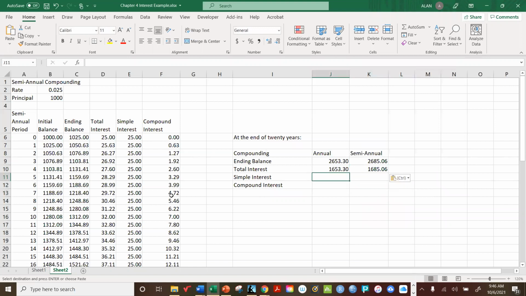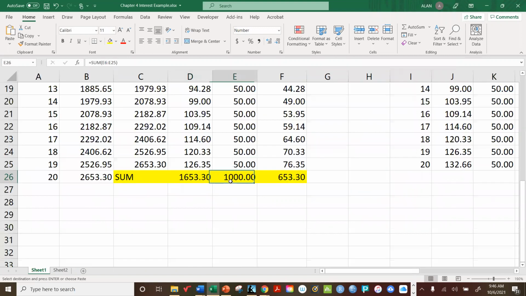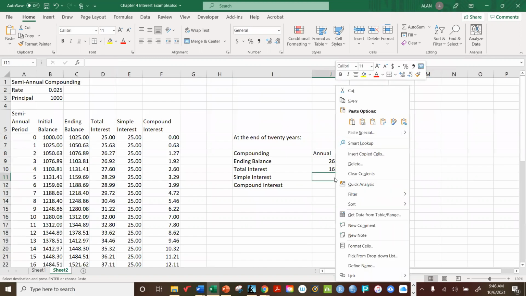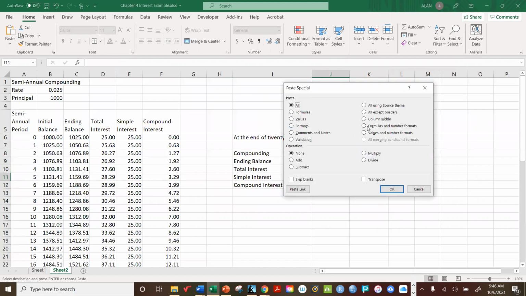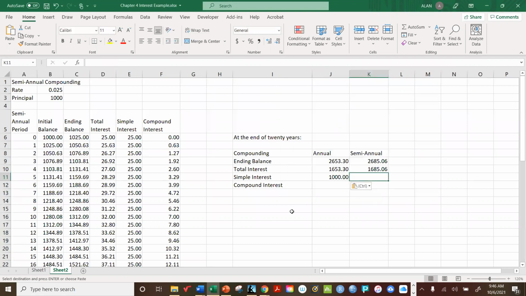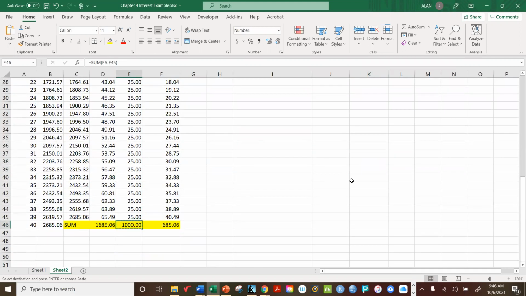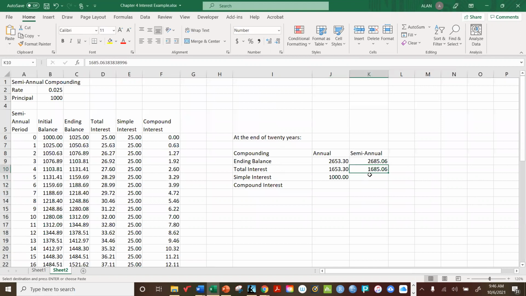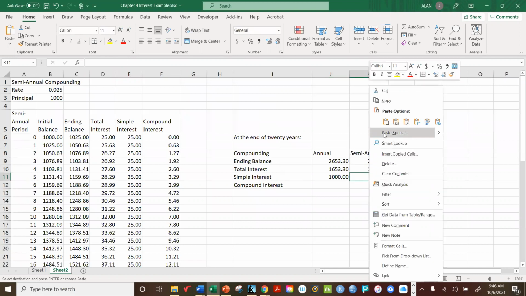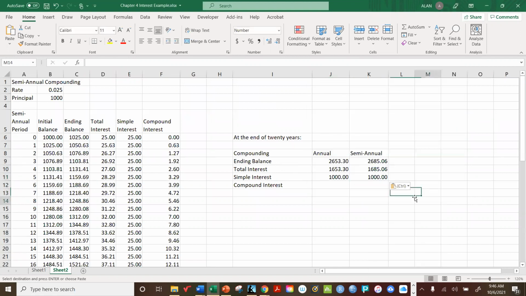Okay, now the simple interest, we know what that is. All we did was we paid $50 a year for 20 years, so it's clearly 1,000. And the same thing down here, we have 40 payments of $25 each, so they have to be the same. It's the compound interest that's different.